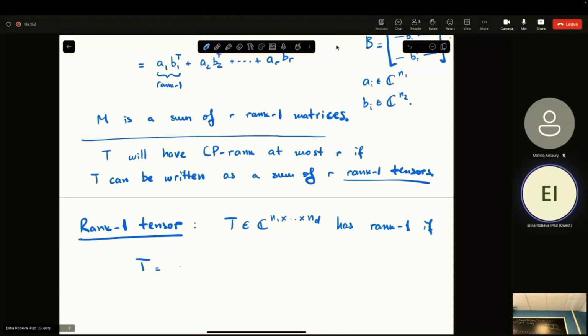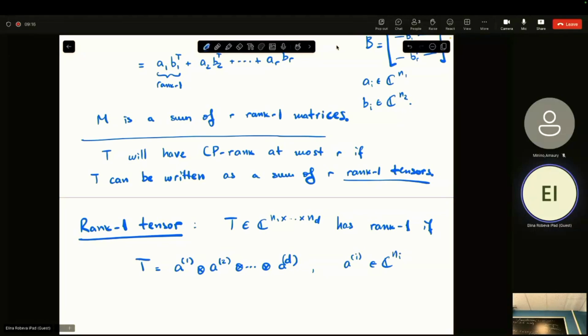I'm not sure if you talked about this in the previous talk, but I'll define it: A1 tensor A2 tensor through AD, where each Ai lies in C to the Ni or R to the Ni.